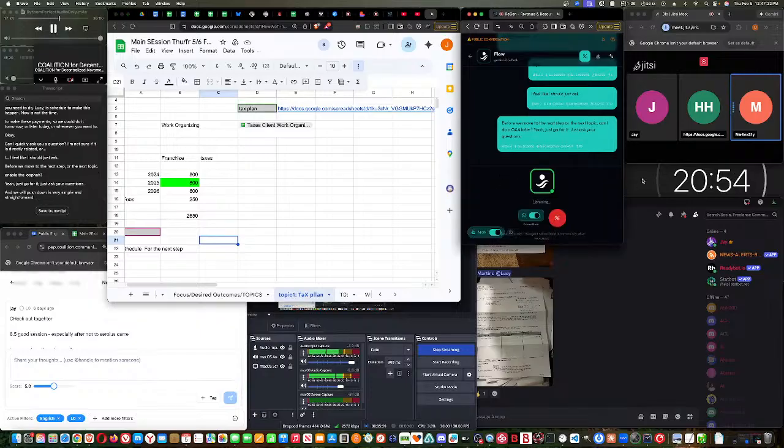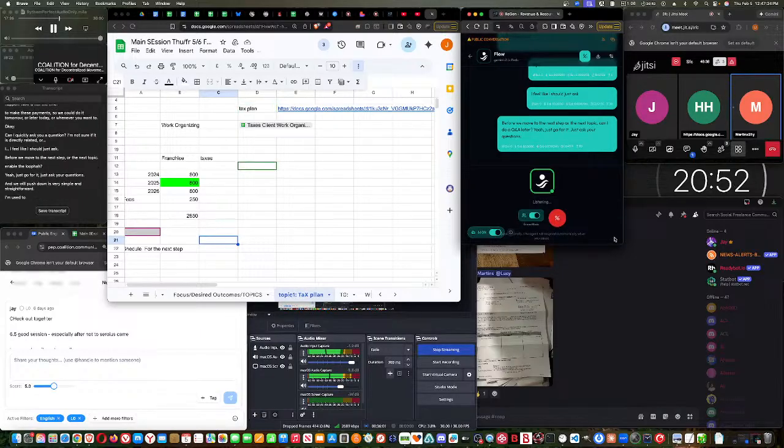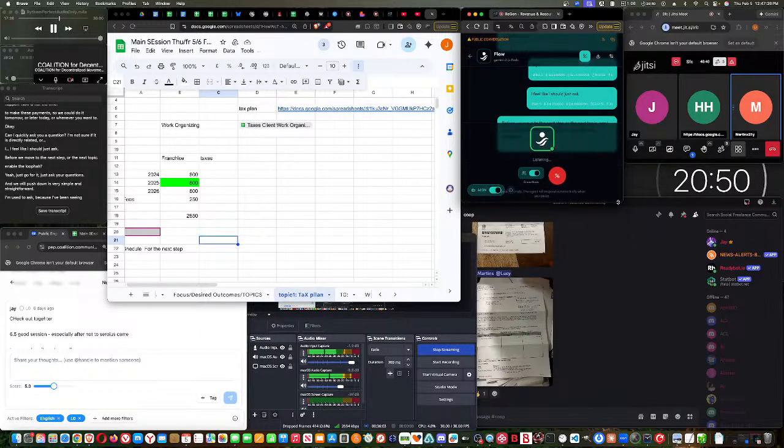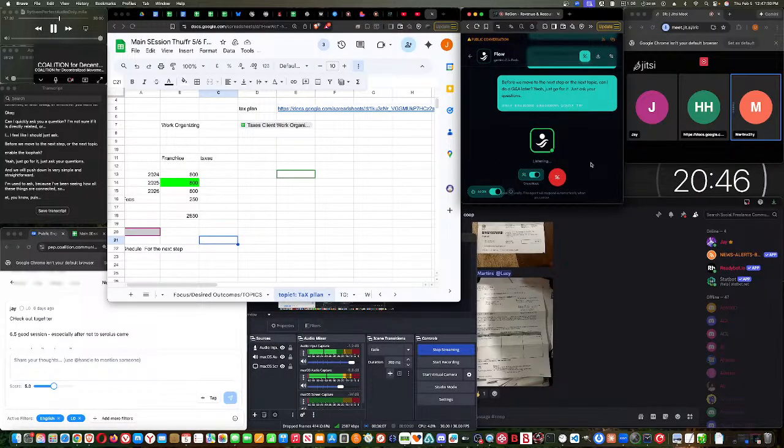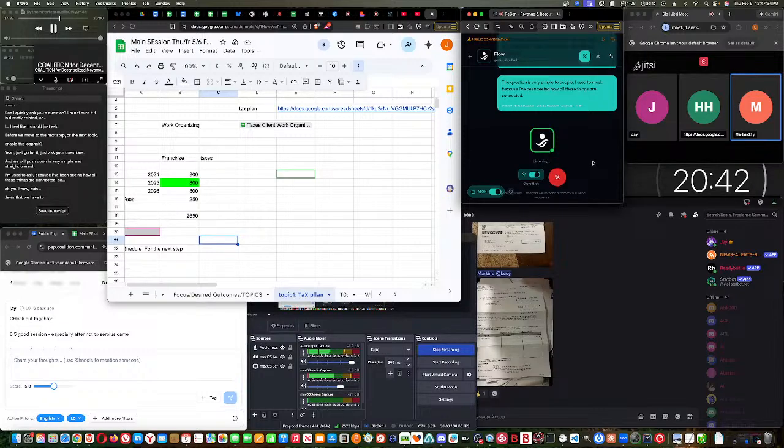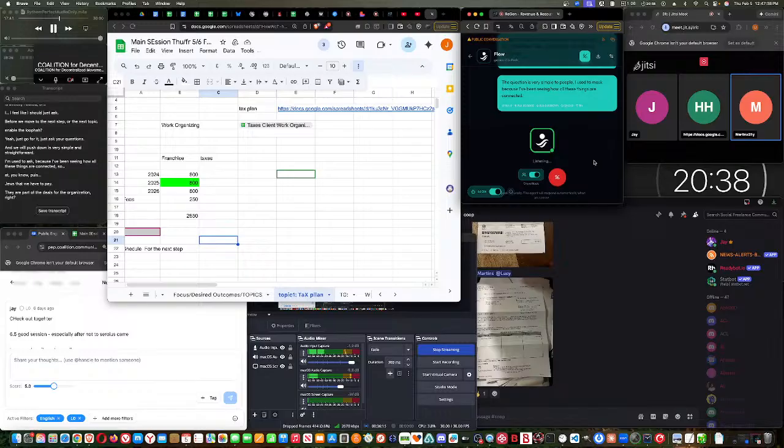I've been seeing how all these things are connected. The dues that we have to pay, they are part of the bills for the organization, right? And at what point do we try to separate taxes from bills?